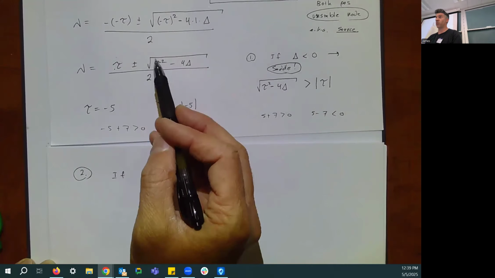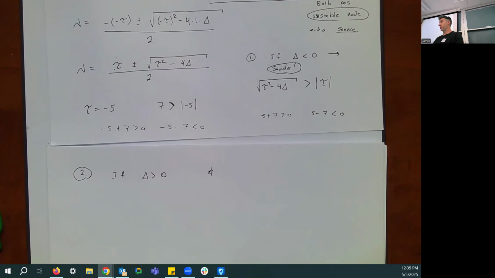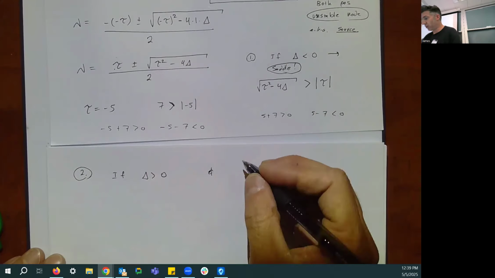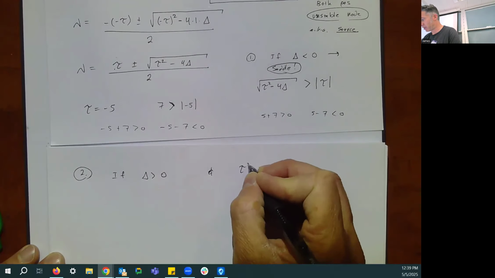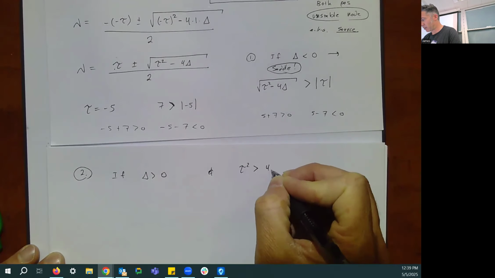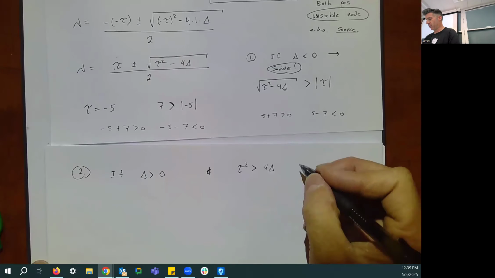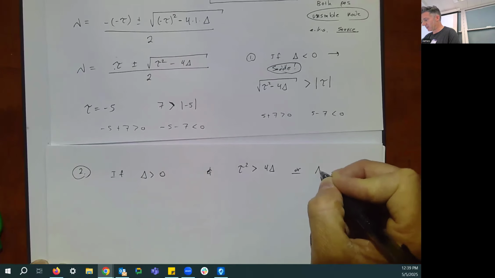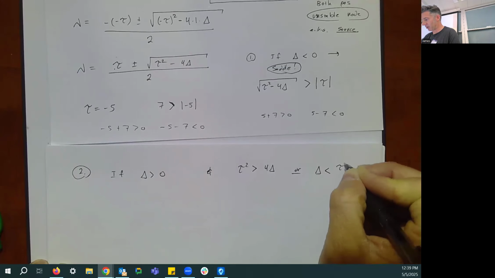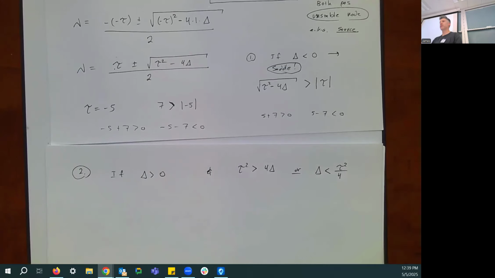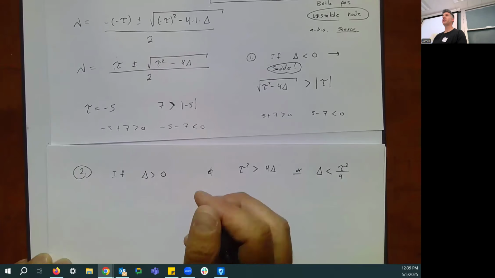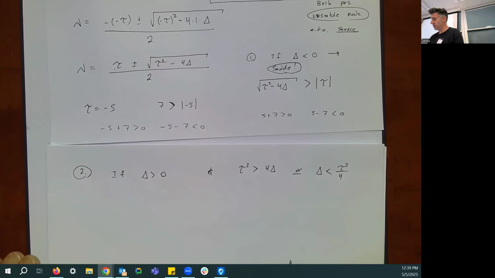The thing you're taking the square root of has to be greater than or equal to 0. So we need tau squared to be bigger than 4 times delta. Or, for whatever reason, people prefer to write this as delta has to be less than tau squared divided by 4. Same thing, just written in a slightly different way. So if those 2 things are true, then 4 things can happen. Well, no, sorry, 2 things can happen.